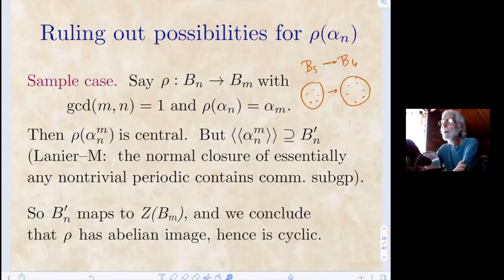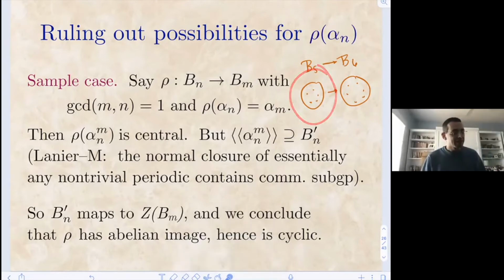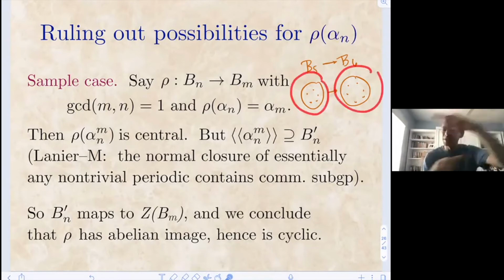So if this torsion element went to another torsion element, then, in other words, in this case, the 6th power of this element would go to the central element, the full twist here.